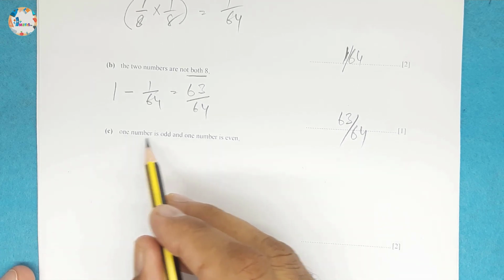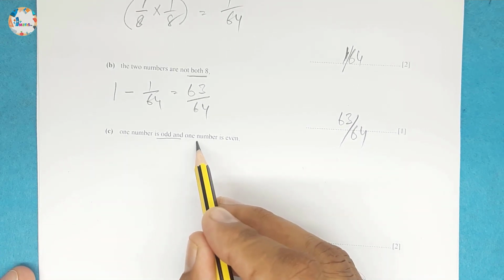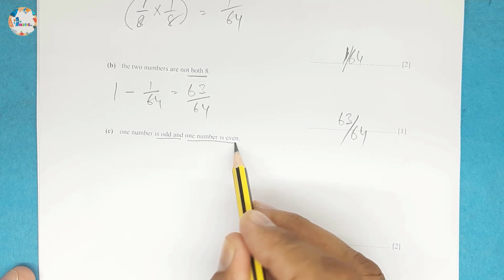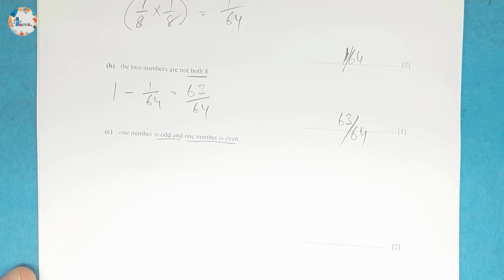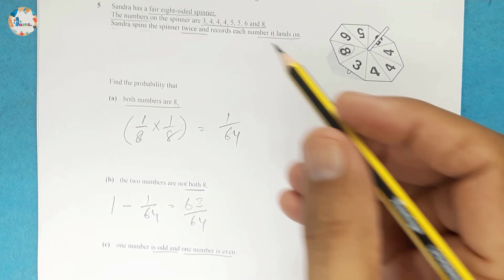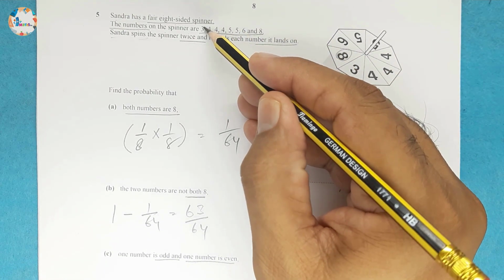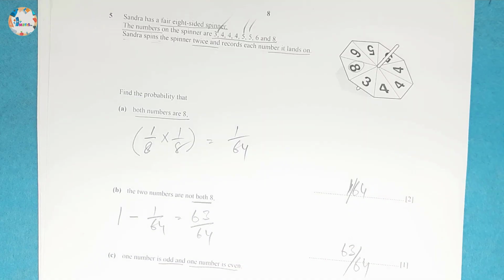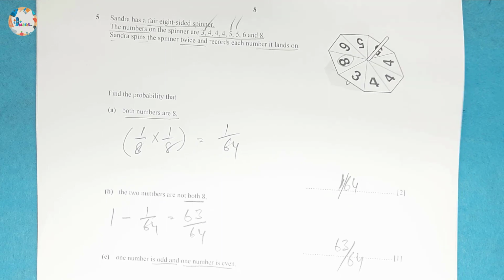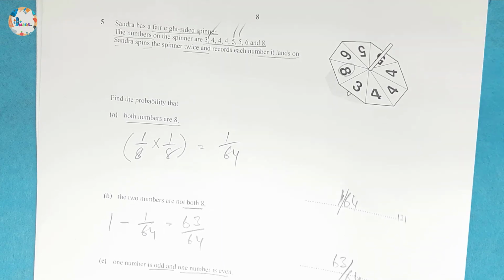Then C part, one number is odd and one number is even. For this case we have to check how many odd numbers there are. So 3 is odd, 5 is odd. So there are 3 odd numbers and there are 5 even numbers.